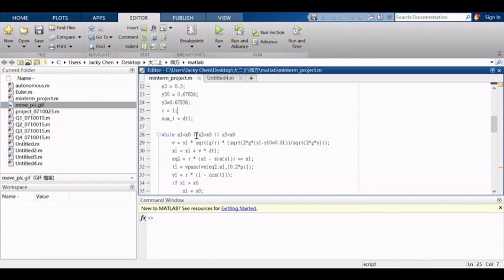Okay, and let us see the time. While x1 is smaller than x0, x2 smaller than x0, and x3 smaller than x0, v equals y1 times the square root of gravity divided by r, times the square root of 2 times g times (y1 minus y10), plus 0.01 divided by the square root of 2 times g times y1.